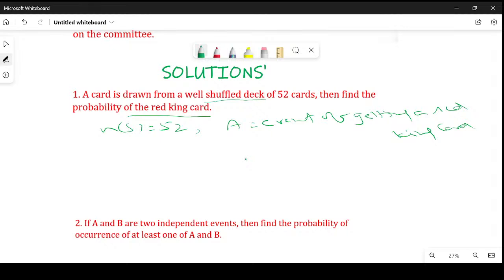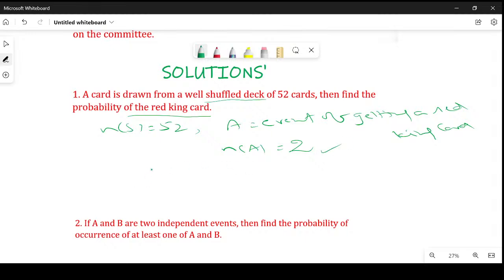Always remember this. So what are the favorable events, n(A)? Total king cards are 4, with 2 red and 2 black. So the favorable events n(A) is equal to 2. Is it clear?